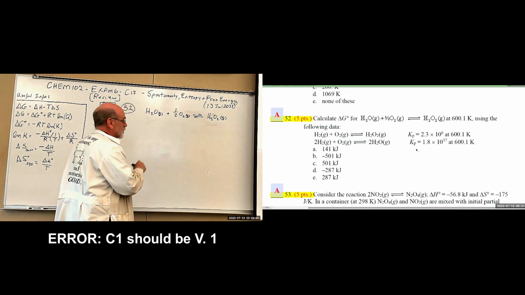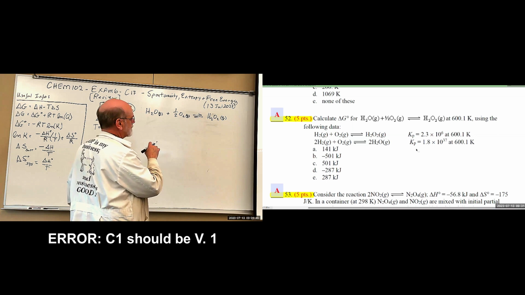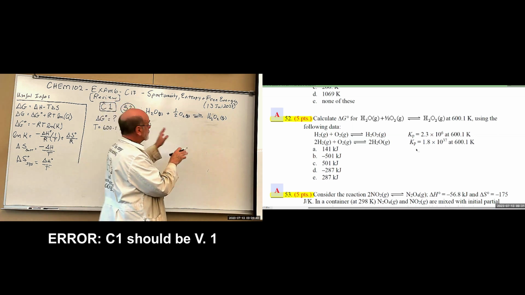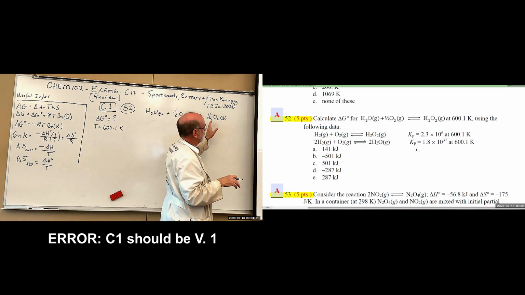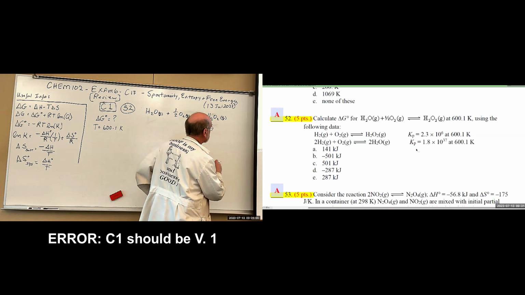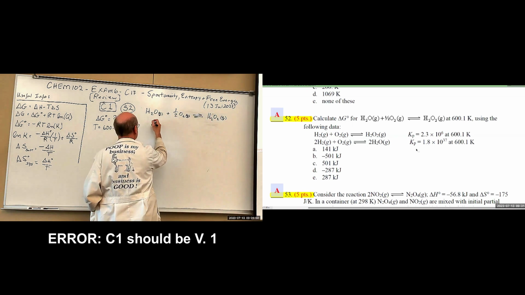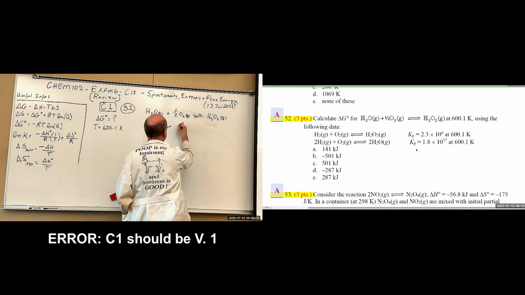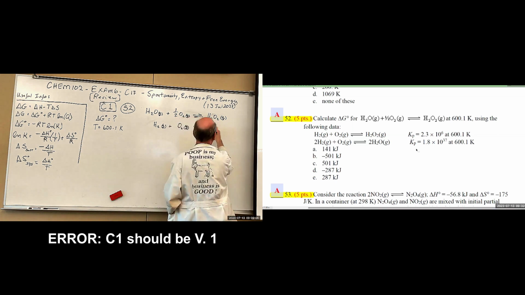Okay, so the first reaction has hydrogen, oxygen, and hydrogen peroxide. Okay, that one's good. It's got oxygen on one side, it's got hydrogen peroxide on the other side. So we can take this one, H2 plus O2 and hydrogen peroxide.